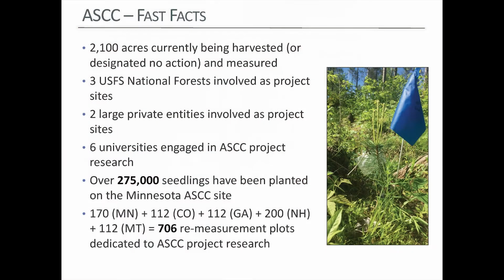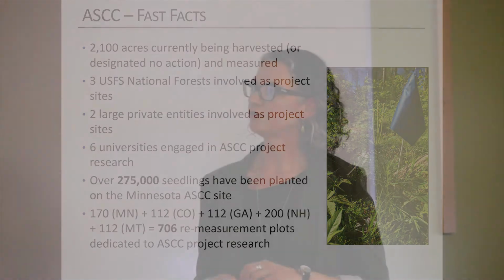So, just to wrap up, in sum, we have about 2,100 acres as part of this study. Each study is about 500 acres in size, replicated 4 times. We have 3 national forests involved in the project, 3 research stations, 2 large private entities, Dartmouth and the Jones Center. 6 universities are currently engaged in the project.